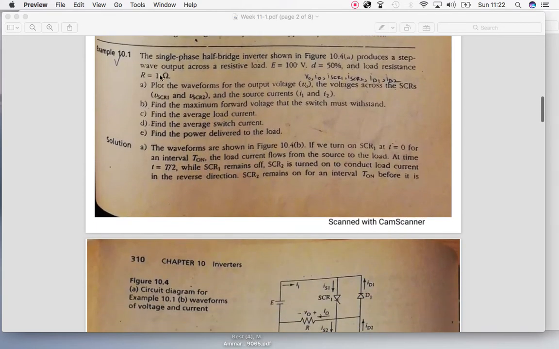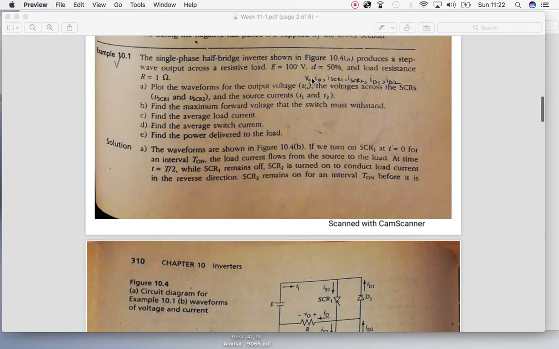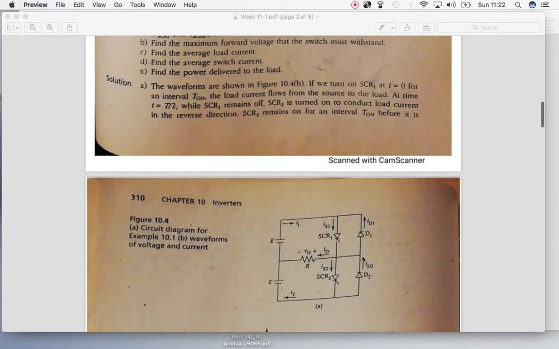So let's focus on the first numerical, which is about the single phase half bridge inverter, and the diagram is shown below, where we have two thyristors and two diodes. We have divided our input DC voltage source into two voltage sources.